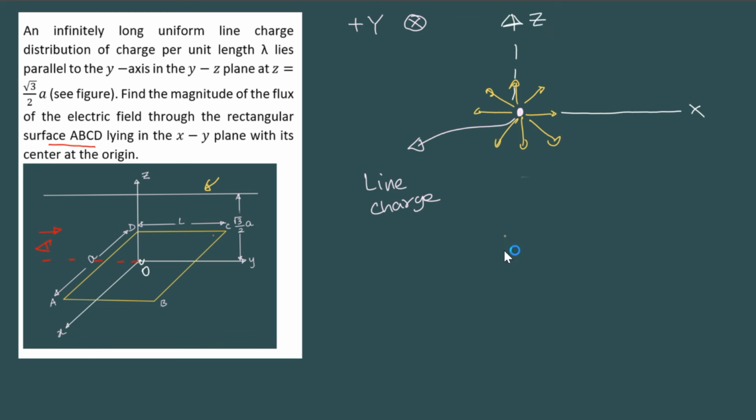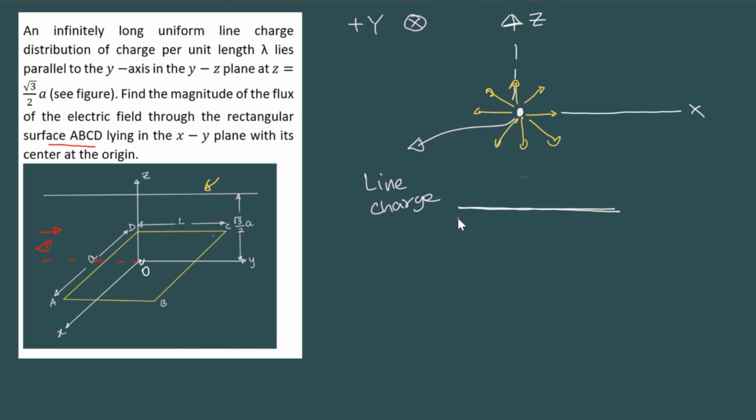Now how should I look at this wire? I am below the wire; at the origin, I will find the center of the rectangle. But if I'm looking into the positive y direction, I'll be able to look at only dA. So my dA looks something like this.